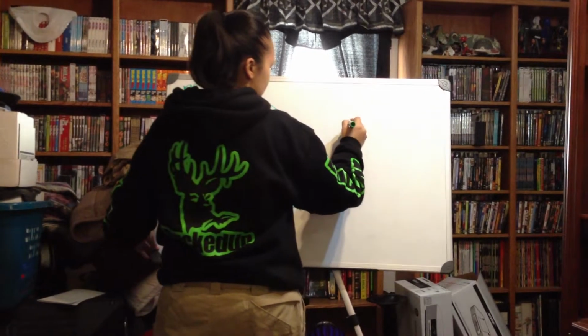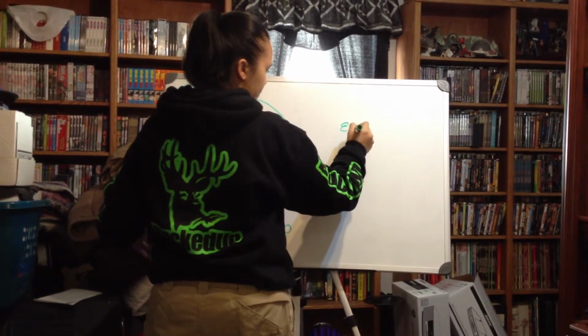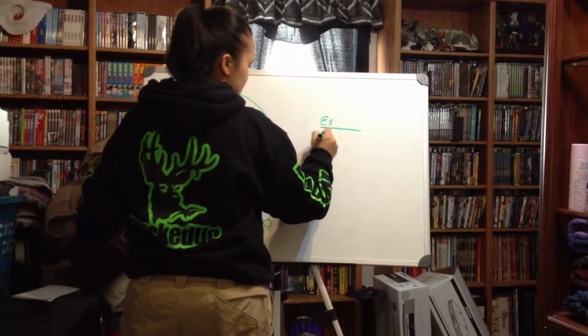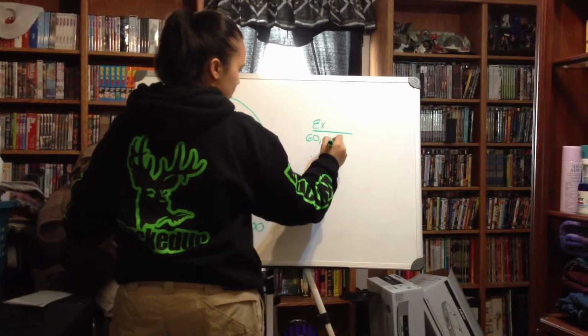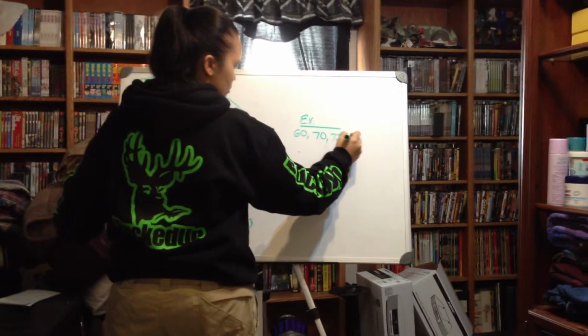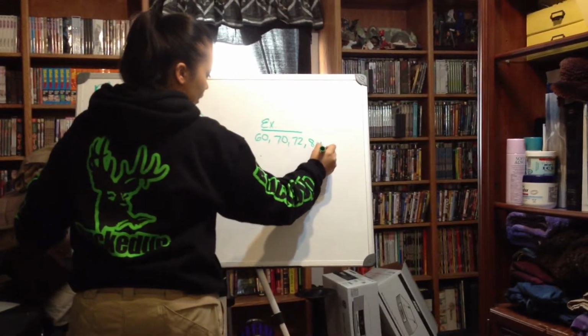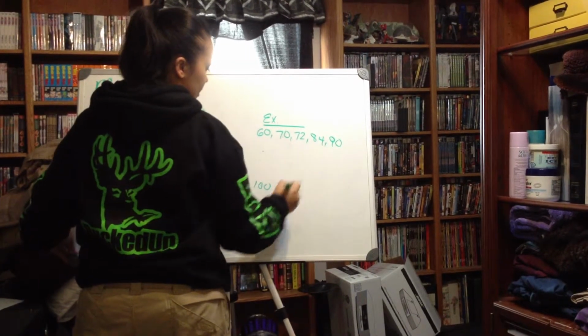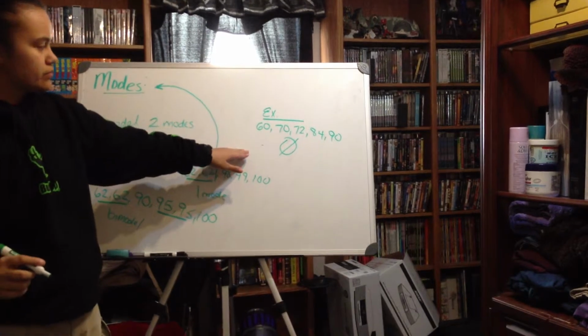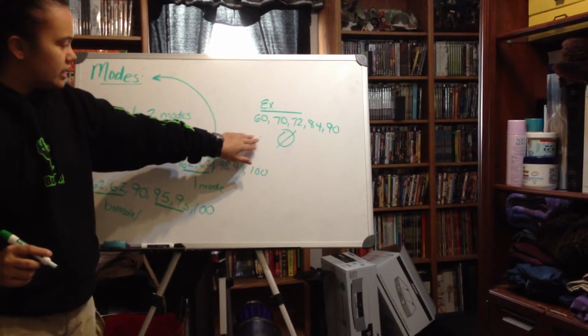And then you have this example. We have 60, 70, 72, 84, and 90. This one has no modes. There's none here.